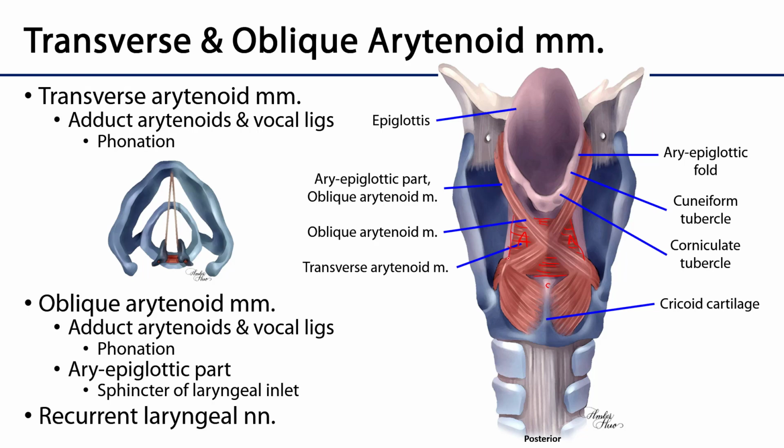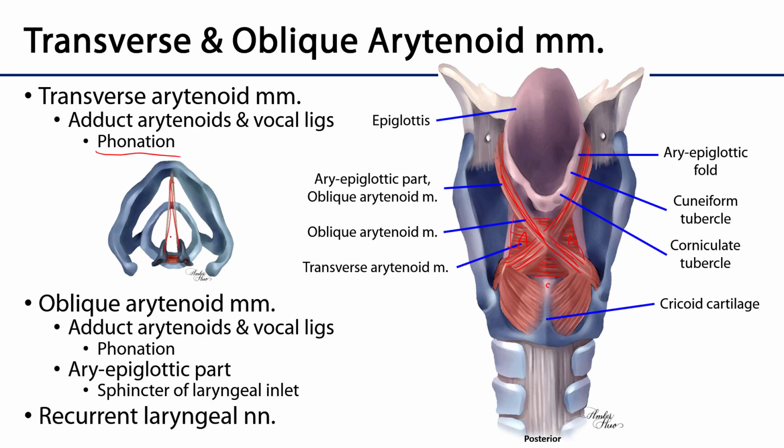We also have these oblique arytenoid muscles. And the oblique arytenoid muscles are also going to adduct the arytenoid cartilages together so as to close the rima glottis. Closing the rima glottis is an important thing for phonation because in order to vibrate those vocal folds, we need to put them in the way of expelled air. So adducted folds are folds that are active in phonation.